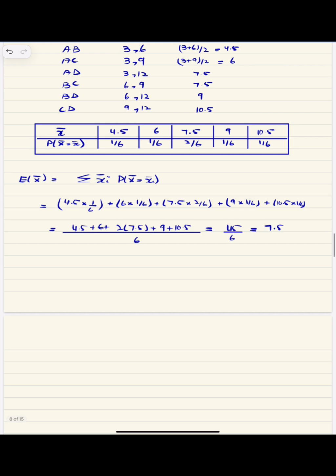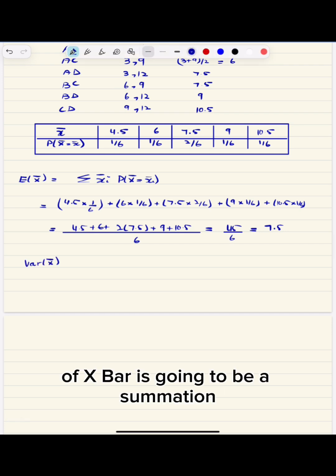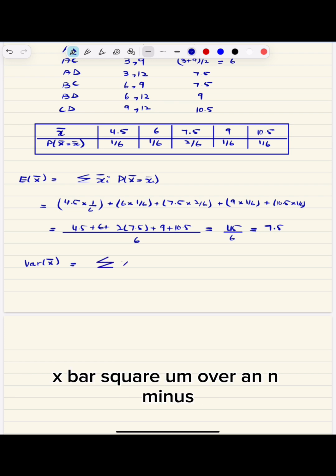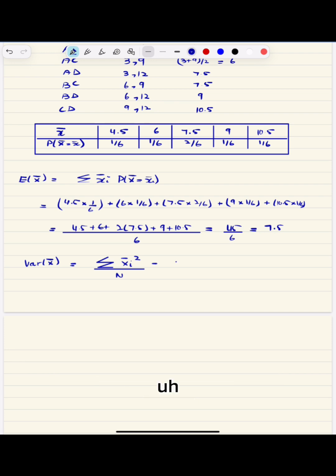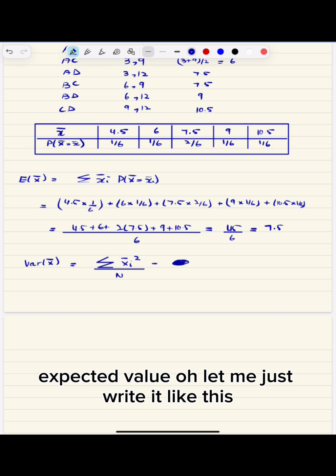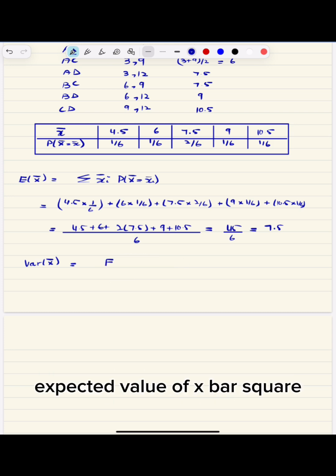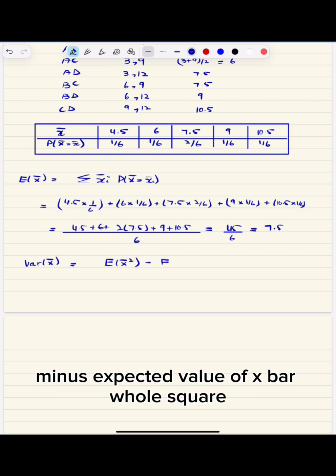The variance of x bar is going to be the expected value of x bar square minus the expected value of x bar whole square.